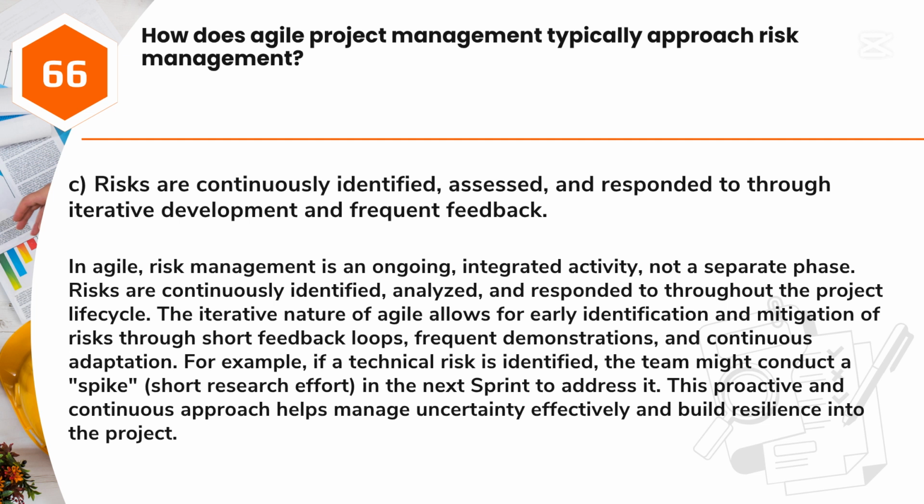The iterative nature of Agile allows for early identification and mitigation of risks through short feedback loops, frequent demonstrations, and continuous adaptation. For example, if a technical risk is identified, the team might conduct a spike, a short research effort, in the next sprint to address it. This proactive and continuous approach helps manage uncertainty effectively and build resilience into the project.